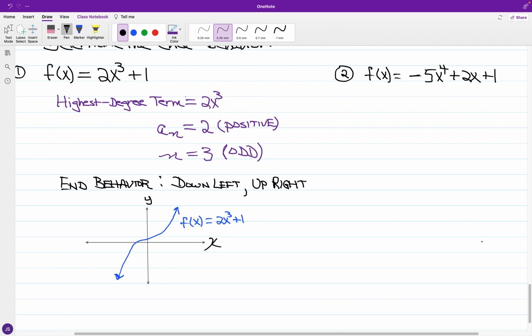Taking what we have now, again we have another expanded form, and the highest degree term is going to be negative 5x to the fourth.